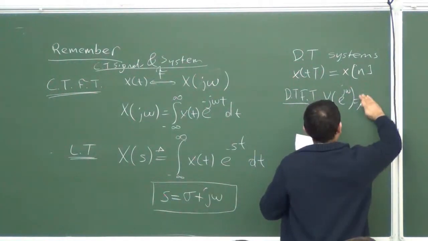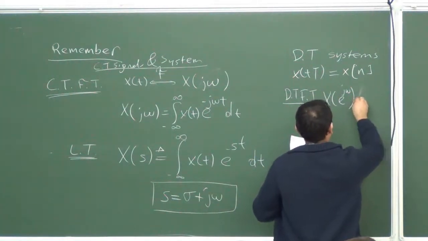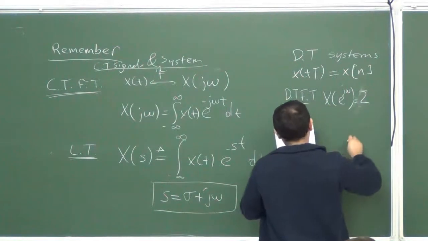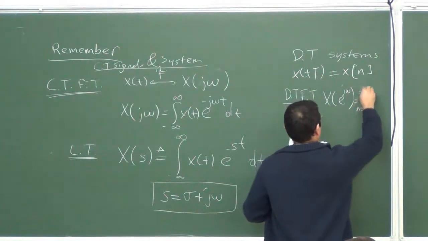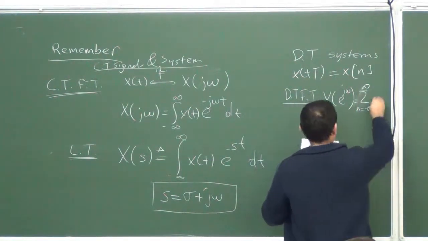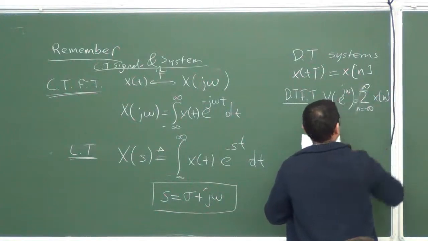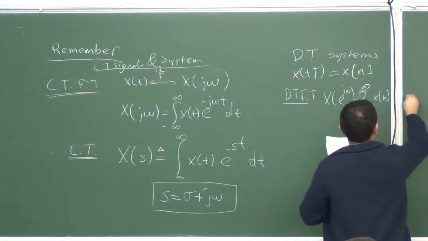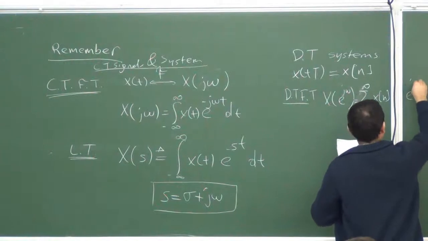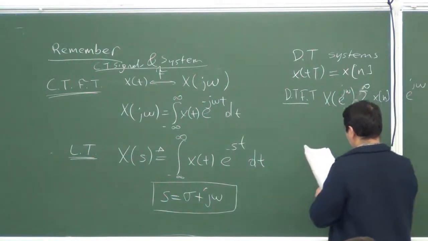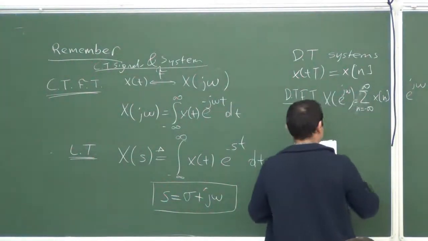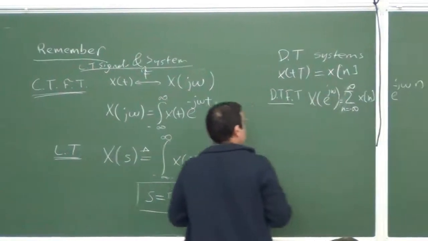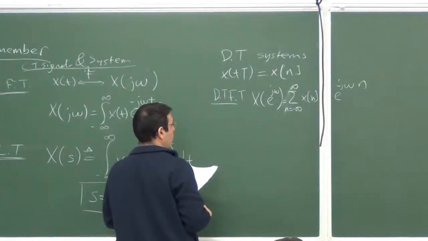Since this is a discrete system or a signal, okay. So this is the discrete time Fourier transform.